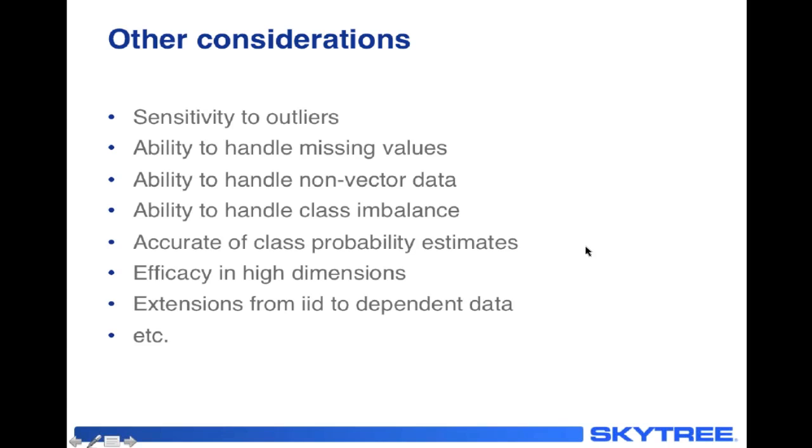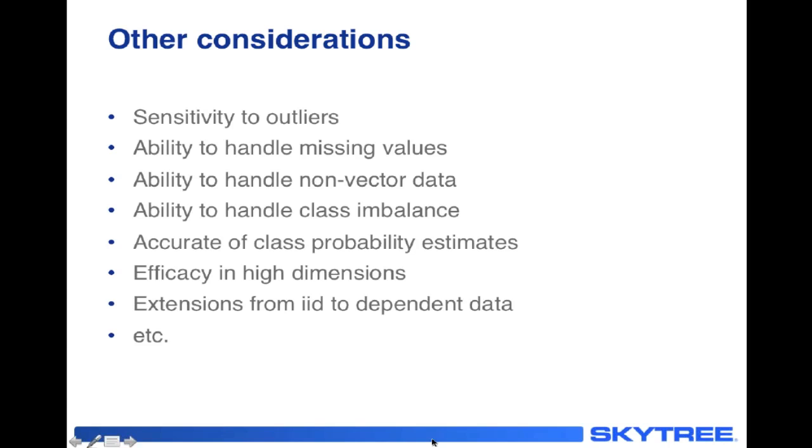Ability to handle non-vector data. That means your data is not structured as a fixed length vector with a fixed number of measurements, but it could be that each object is something funky, like a whole sentence or a string or a tree or a graph. Okay, there are ways to handle that. Some of the methods can handle things like that.